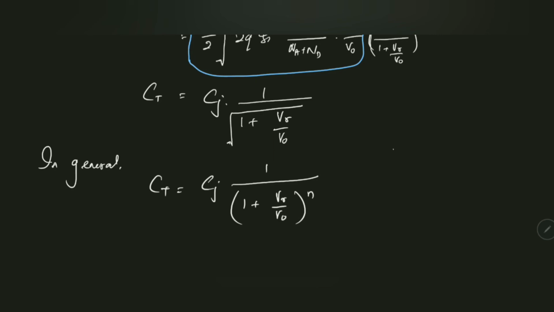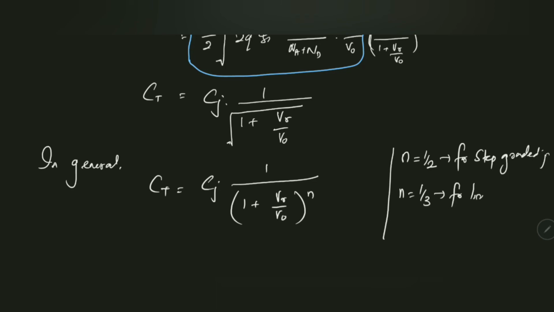And what n means is, the value of n will be 1 by 2 for step graded junctions, and n will be 1 by 3 for linear graded junctions. So you can use either of these equations; by knowing the value of n, you can substitute it in this equation.